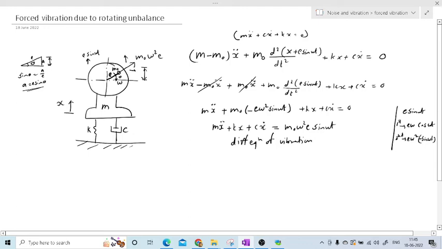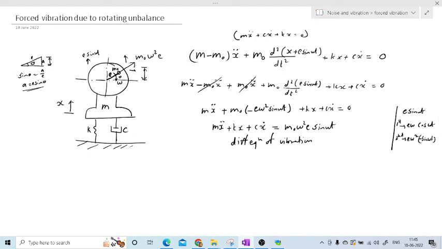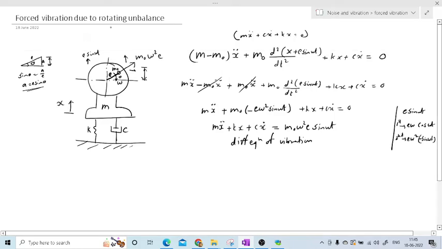Now we'll go back and I'll write the formula for the differential system that initially we have used.